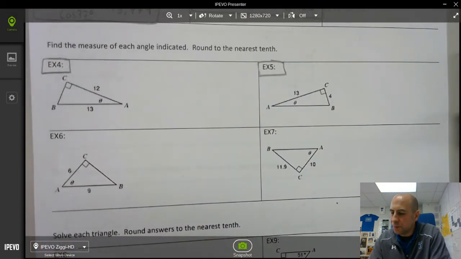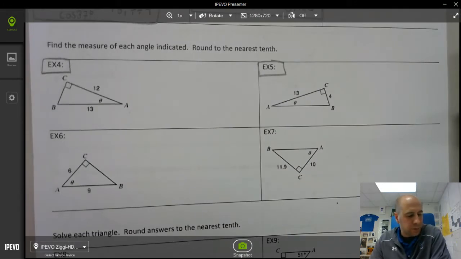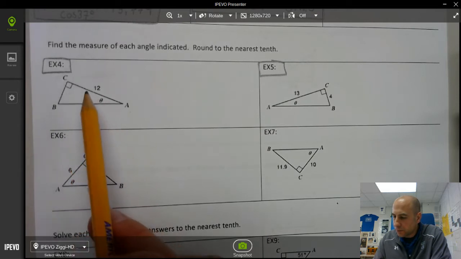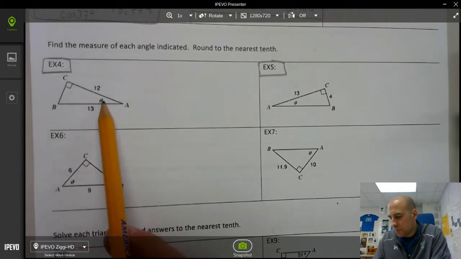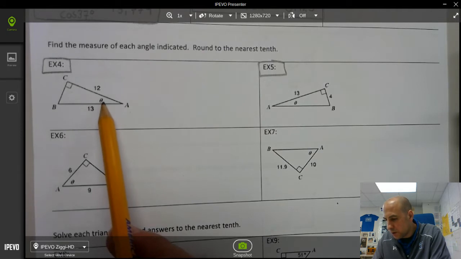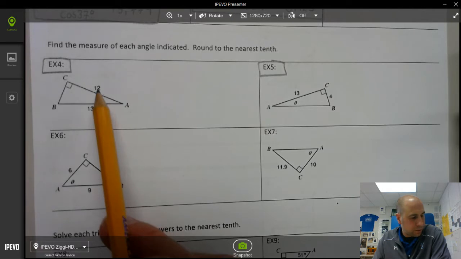Just find the measure of each angle indicated, round to the nearest tenth. First step is choose which trig ratio to use. With respect to theta, we have the hypotenuse and the adjacent. So we're going to use cosine.